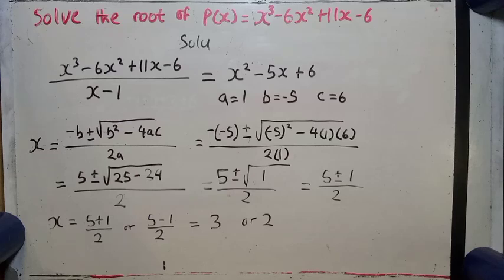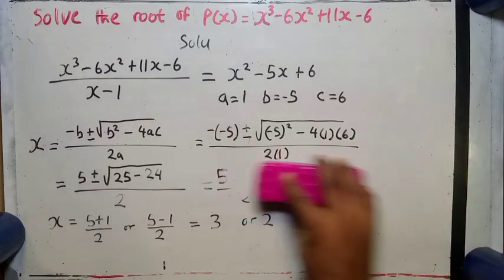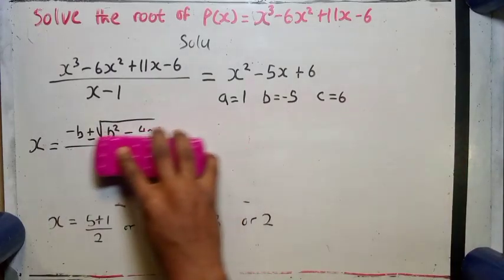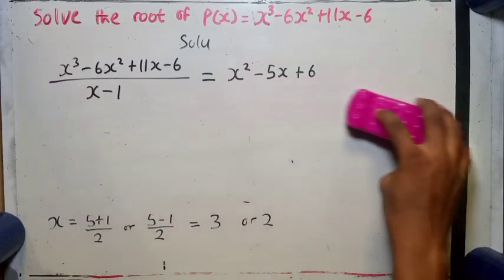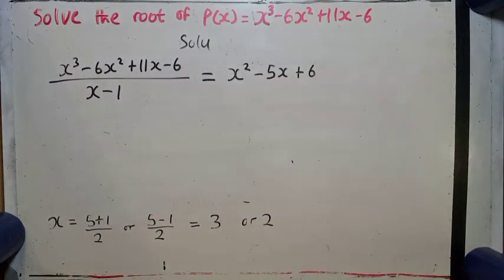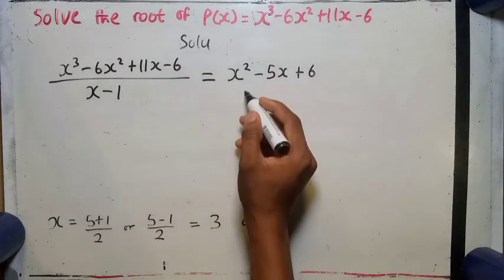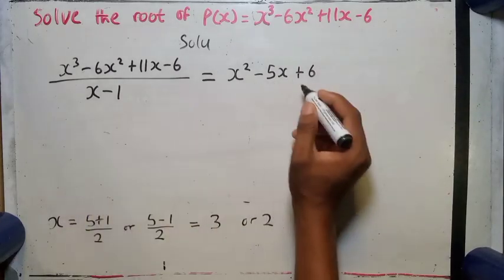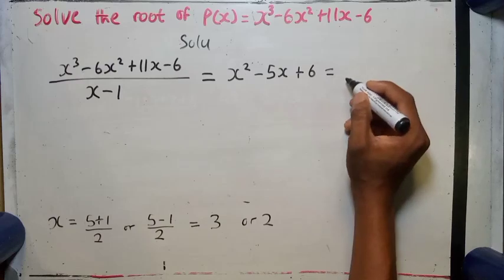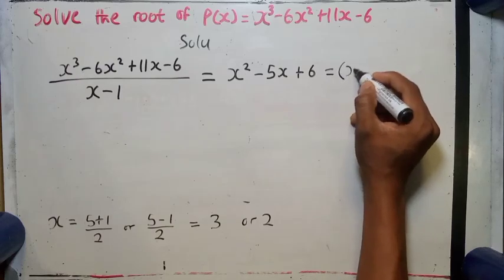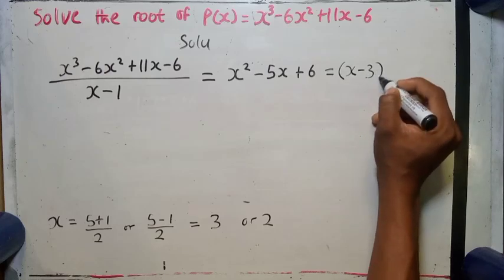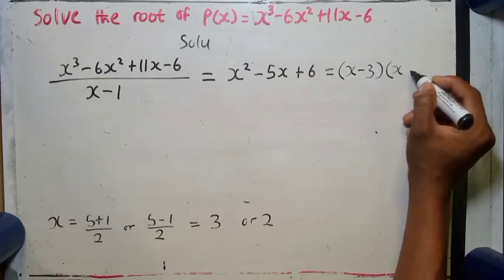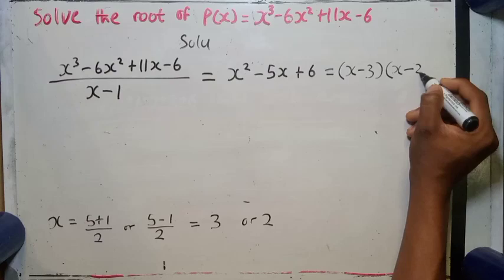So we can then write that the roots of this are x minus 3 and x minus 2.